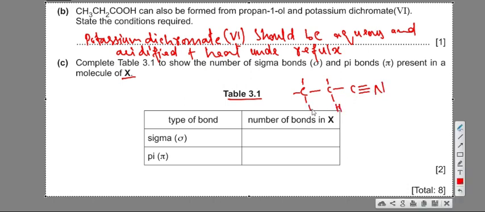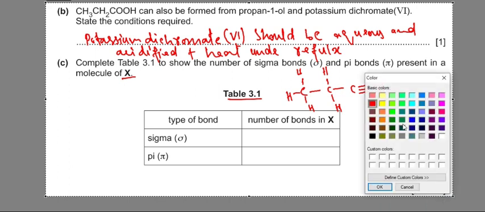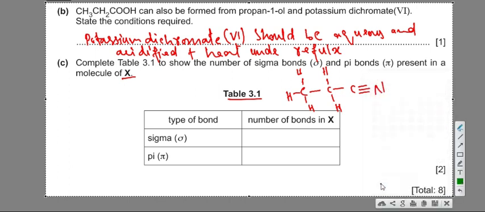All other bonds are with hydrogen. Whenever you find single bonds, they are all sigma bonds. So how many sigma bonds do we have? 1, 2, 3, 4, 5, 6, 7.